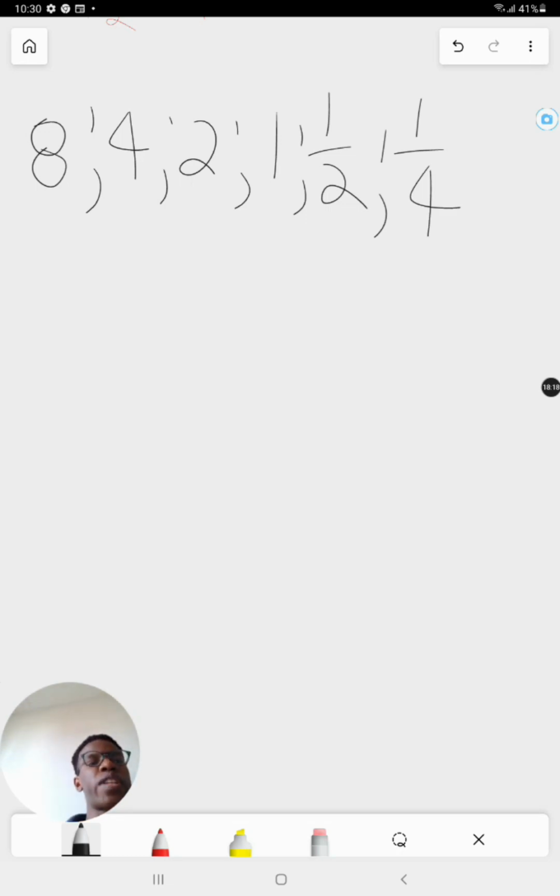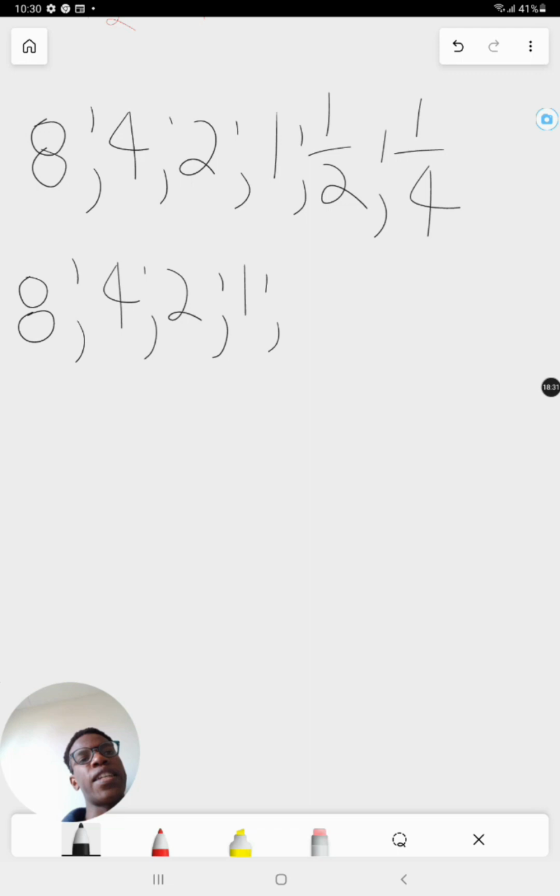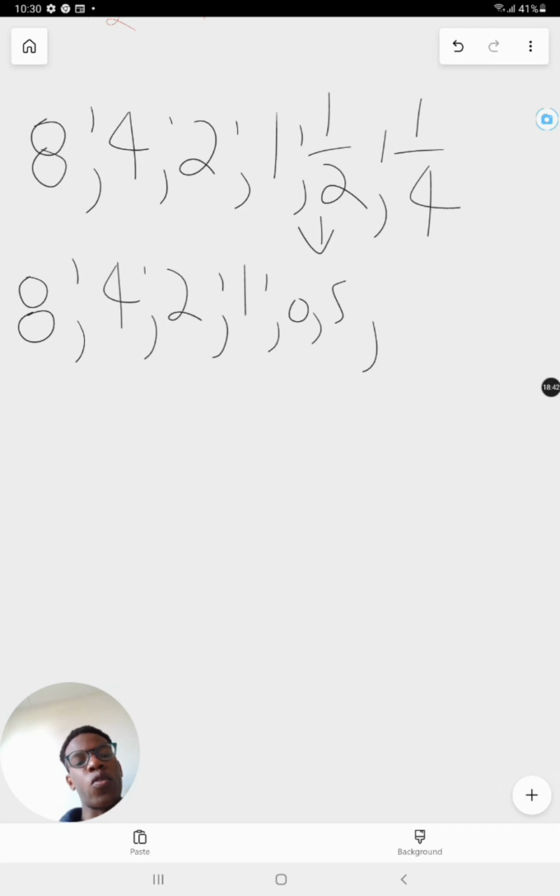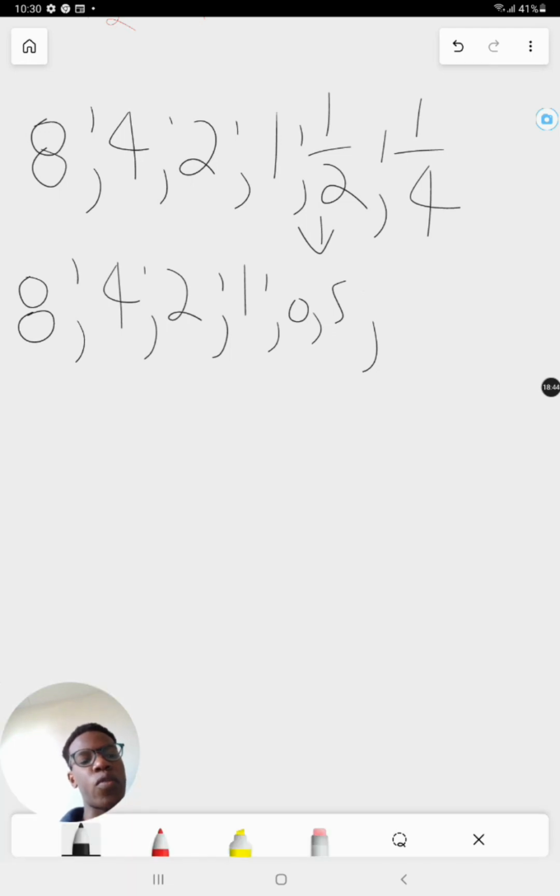Now, you will notice what's happening. Let me write this differently. You've got 8 as your first term, 4 as your second term, 2 as your third term, and 1. Then 1 over 2 is the same as 0.5, and 1 over 4 is 0.25.